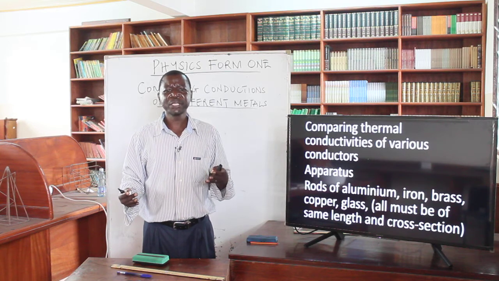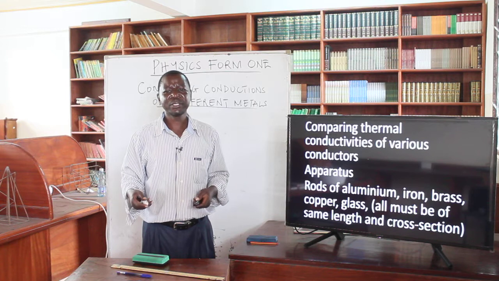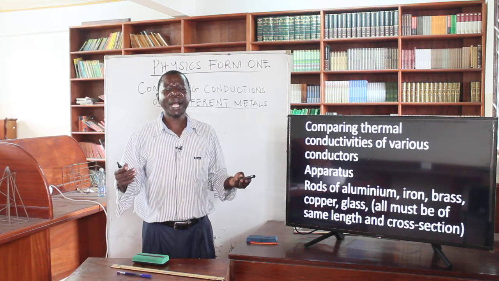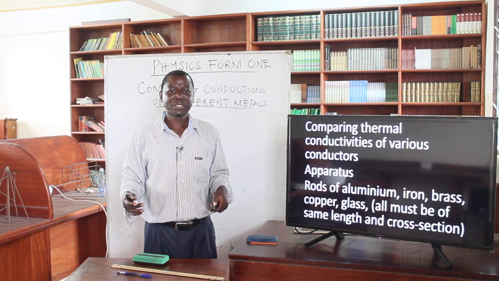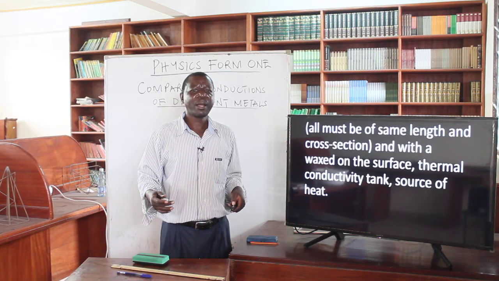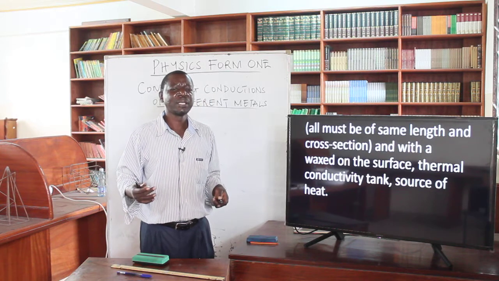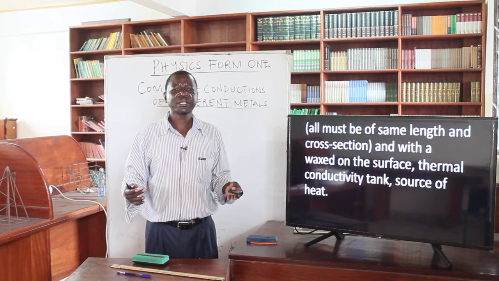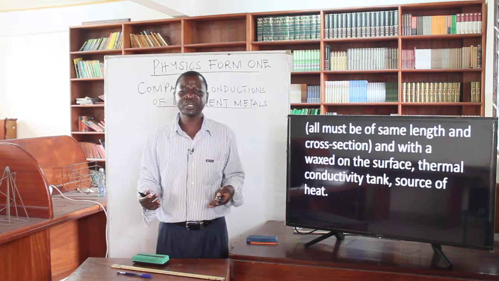All these we have mentioned: aluminium, iron, brass, copper, glass are solids, and we want to see are they conducting heat at the same rate. So if they are of the same length, we fix wax at the end of those metal rods.